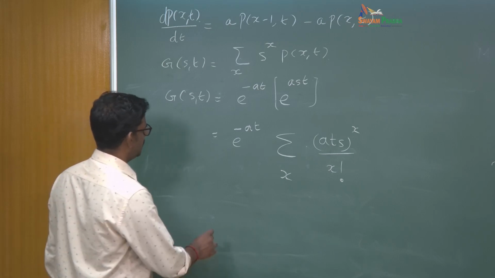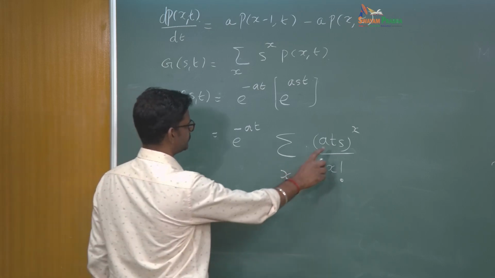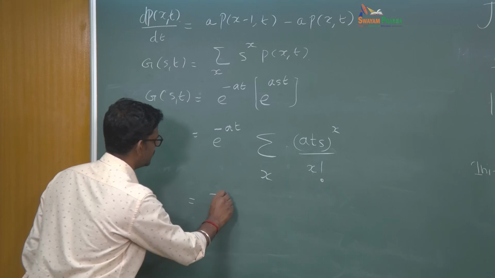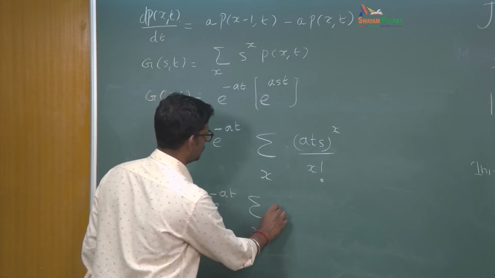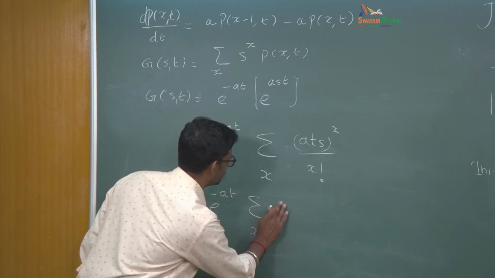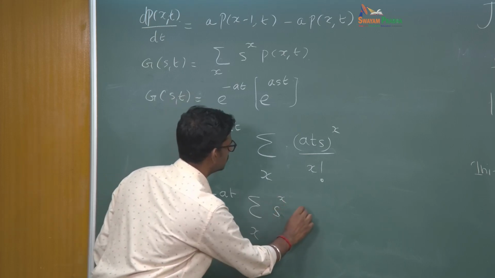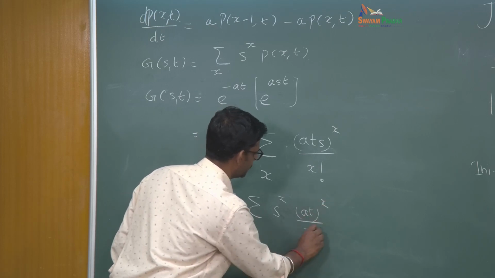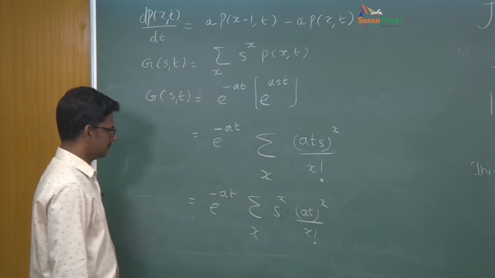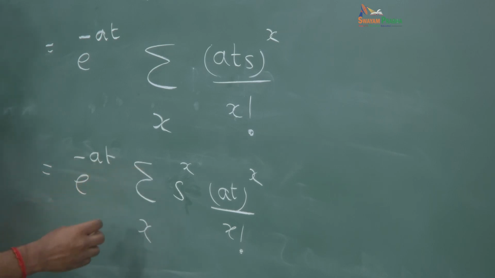So then what we need to do is we write this as sum over x of s power x and (at) power x by x factorial. If you like, you can take also this to the inside.